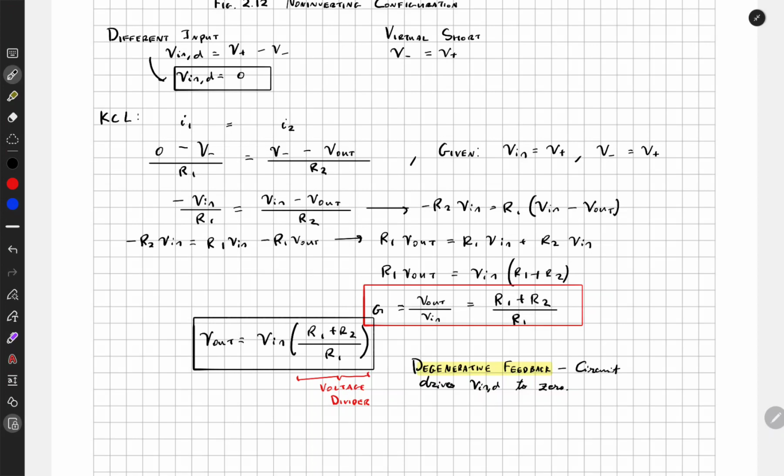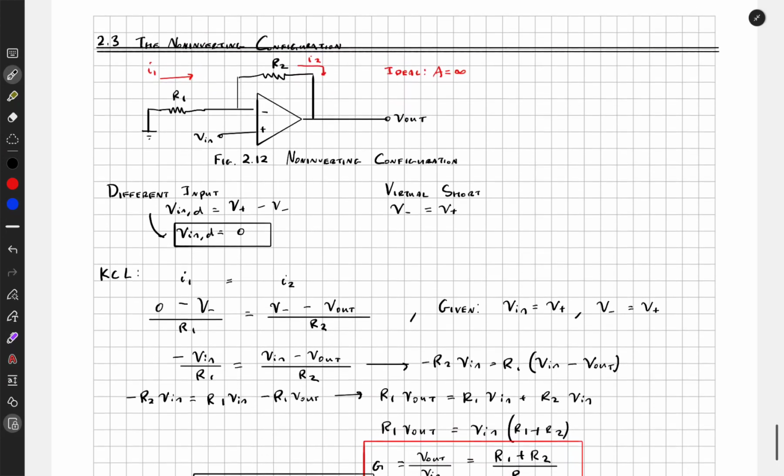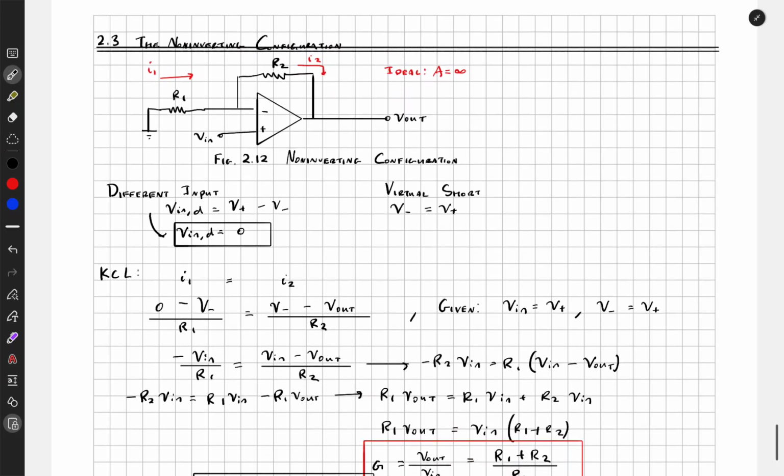Yeah, so that is the meaning of this ideal op amp, and we have calculated the gain equation for this ideal op amp used in the non-inverting configuration.